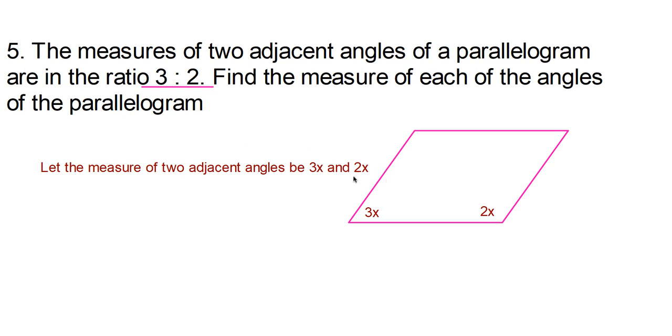Now you know sum of the adjacent angles is equal to 180 degree. They are supplementary. So next step you can write 3x plus 2x is equal to 180 degree. That is 5x is equal to 180 degree. X you can find as 180 by 5. So the angles you have to write as 3 into that number and 2 into that number. Do find yours.